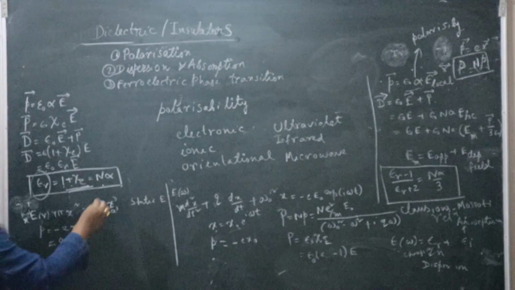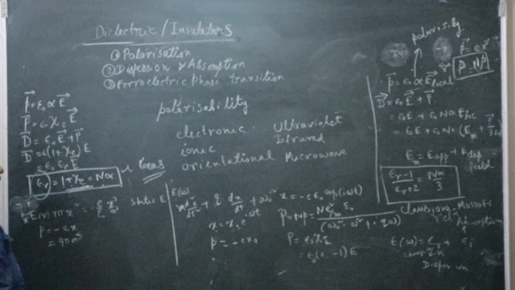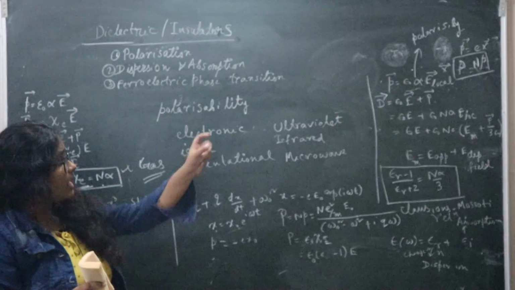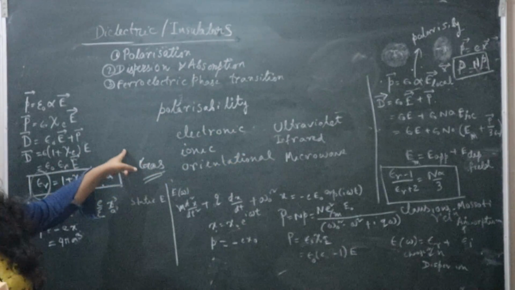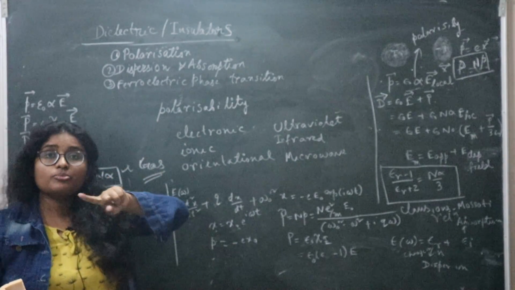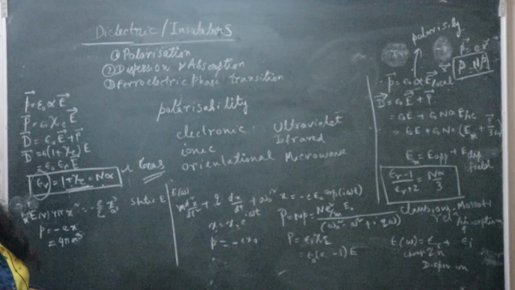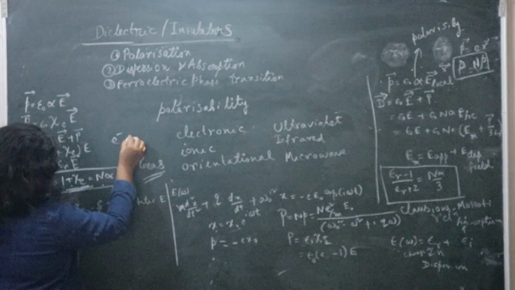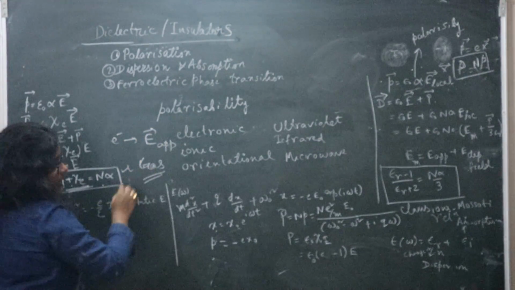This relation is applicable for the gaseous dielectric, where I have assumed that the electrons are realizing the electric field exactly as it has been applied, that the electrons experience the same electric field which I have applied.